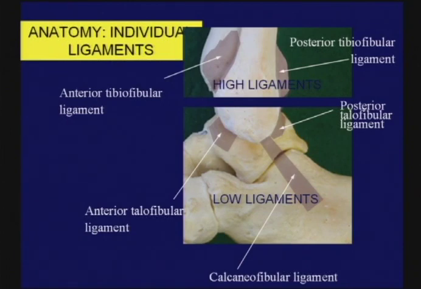But I've learned that the high ankle sprain is an injury to the syndesmotic ligament. So maybe a low lateral ankle sprain would be an injury to the low lateral ligaments. What makes the high ankle sprain difficult to define is that it comes in different forms.